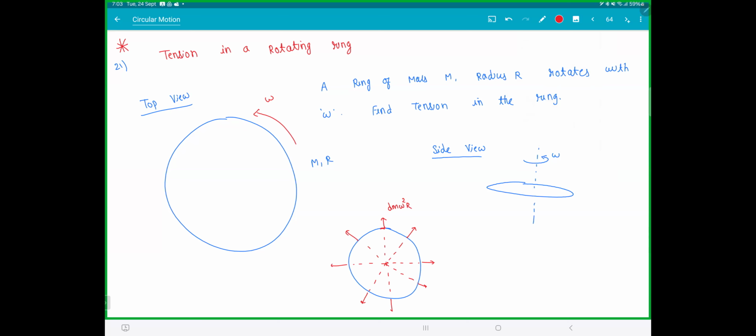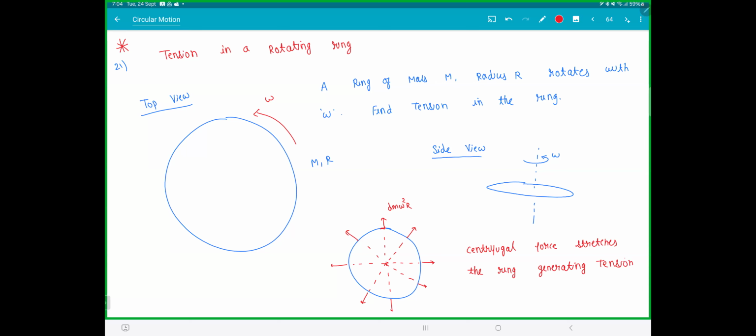Means if you rotate this ring, there is a chance the ring will start stretching. So the reason why you're getting the tension in the ring is because of centrifugal force. Centrifugal force stretches. Again, we are doing this in a non-inertial frame, generating tension. Now we need to calculate that.